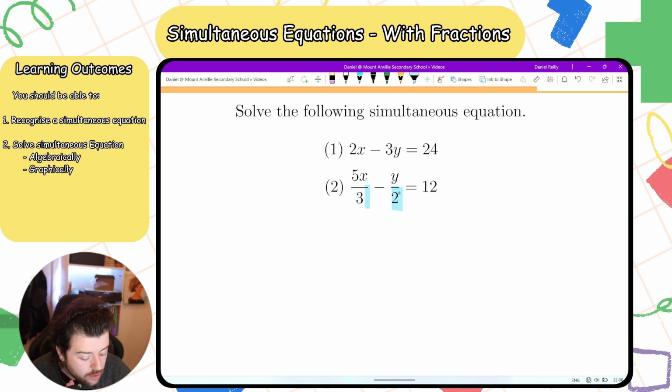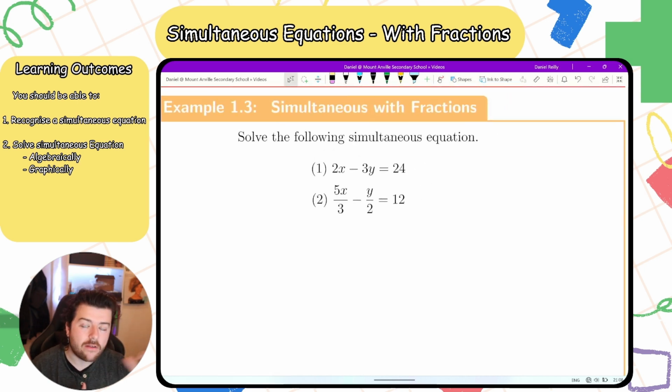So how do we get rid of fractions in a linear equation like this? This will be expanded upon more in algebra 2, but what we do here is we multiply by the lowest common denominator. So what's the lowest common denominator, you may ask? The lowest common denominator is just the lowest common multiple of my denominators.